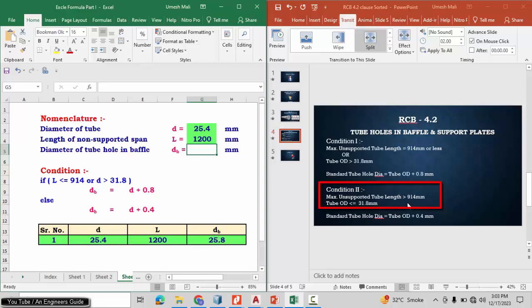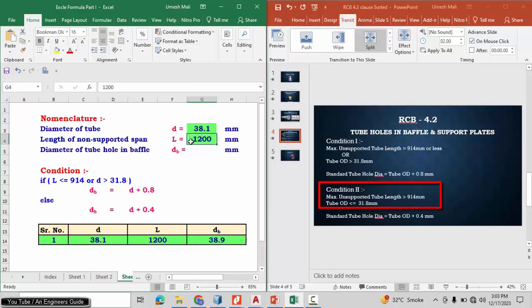Now my unsupported tube length is greater than 914 mm, but I am increasing the diameter of the tube to 38.1. Here you can see 38.1 plus 0.8, so my tube hole diameter in this case is 38.9.